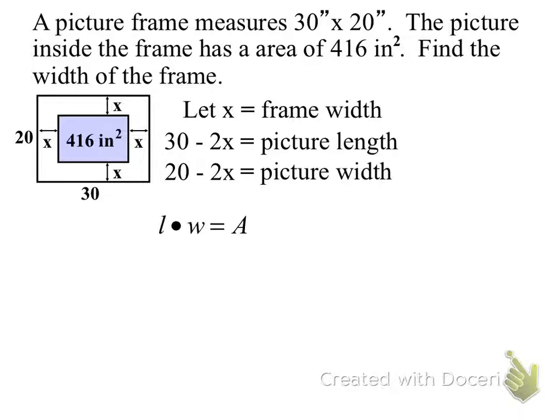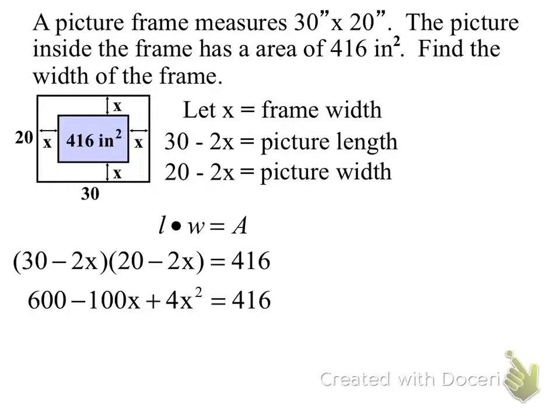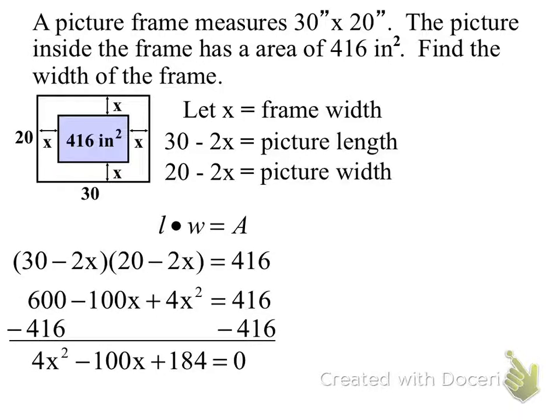So now I'm substituting in, right? Length is 30 minus 2x, width is 20 minus 2x, equals 416. And now I'm going to subtract the 416. And so now what?